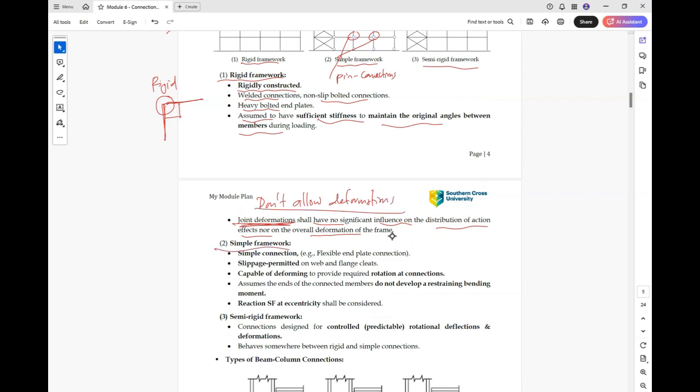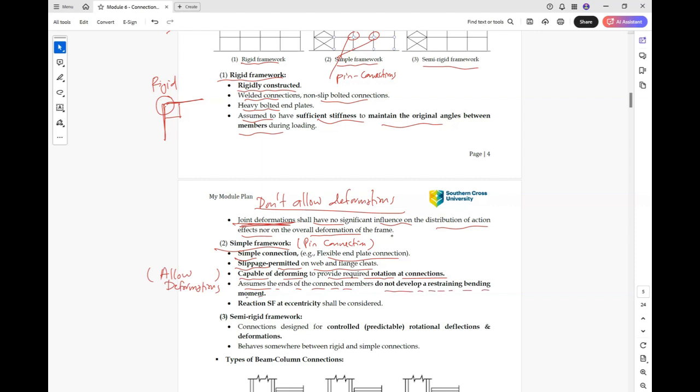Simple framework, which has simple connection or pin connection. So simple connection, flexible end plate connection, slippage permitted. In this type of connection, slippage is permitted on web and flange cleats. This connection is capable of deforming, so deformation is allowed, to provide rotation at the connection, assuming the ends of the connected members don't develop a restraining bending moment.